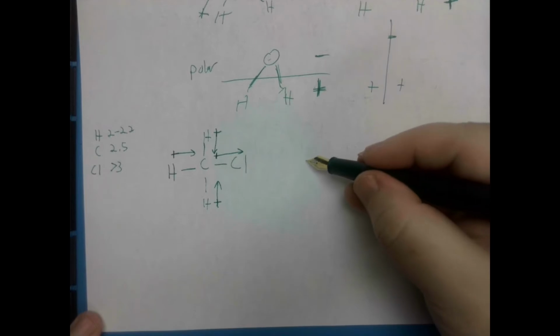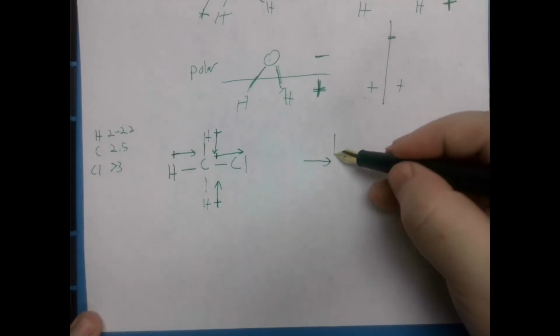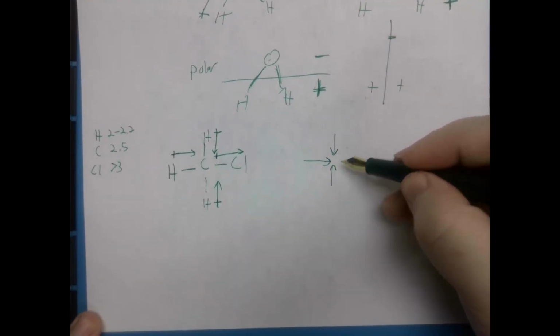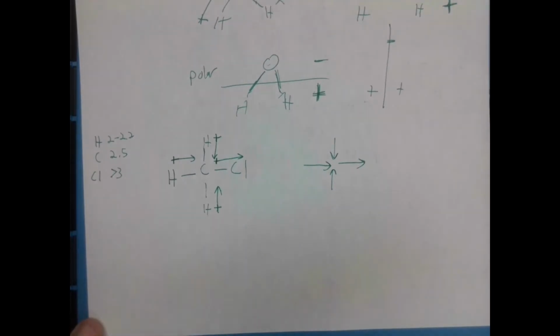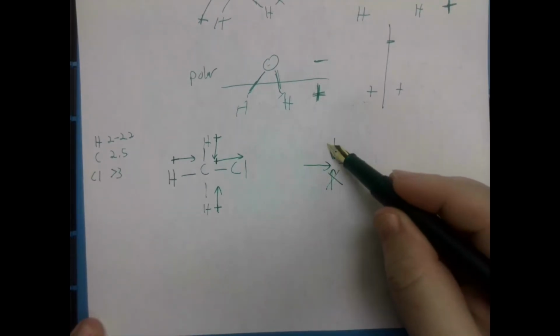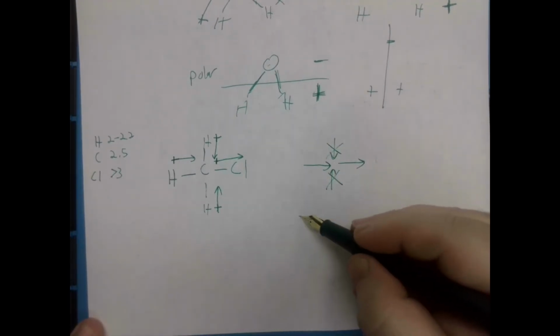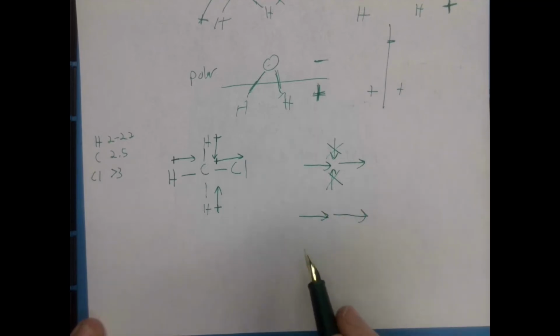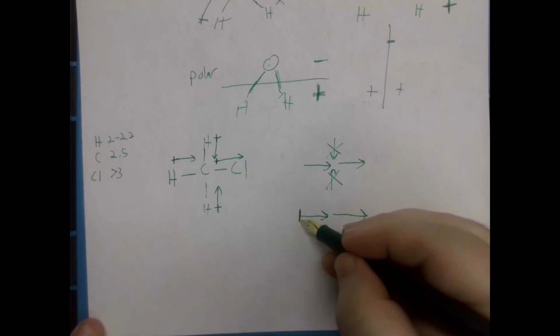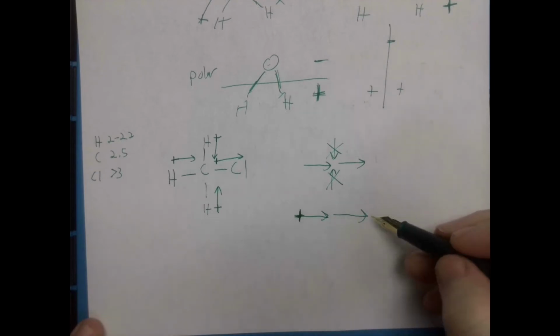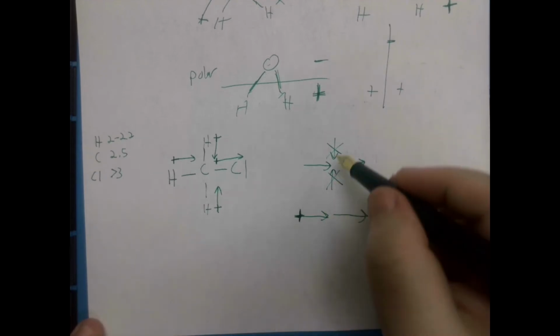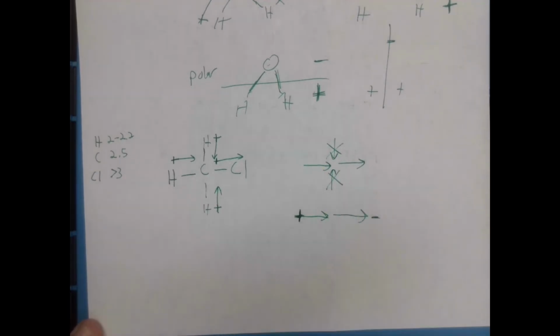Looking at my arrows, we can see that these arrows cancel each other out. My overall shape has a positive side on the left and a negative side on the right if I cancel out all these arrows and look at the direction.